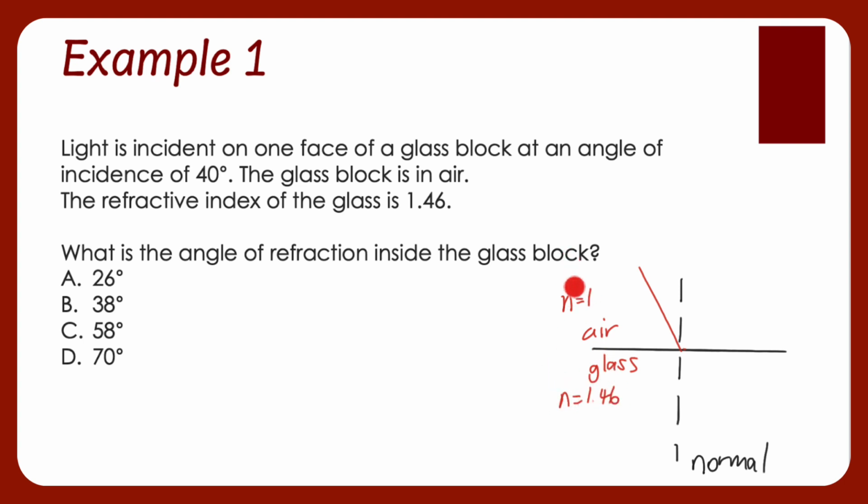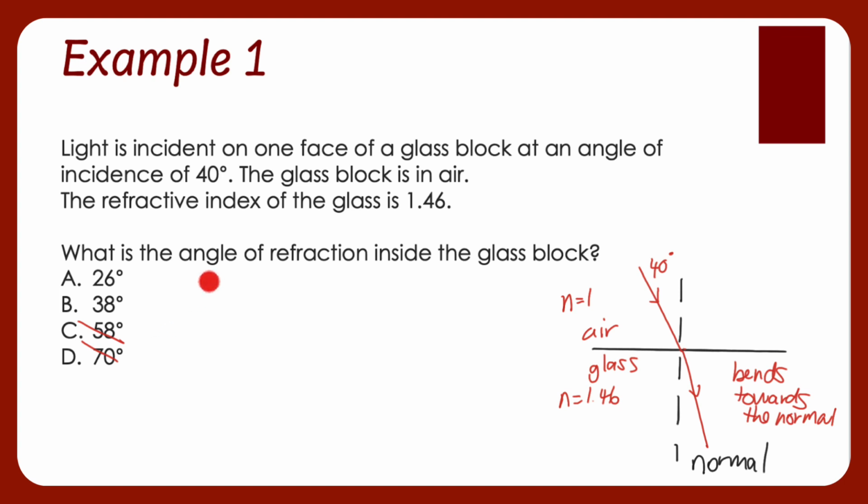And since it's going from a lower index of refraction to a higher index of refraction, I know it will bend towards the normal. This is 40 degrees. I don't know what this one is, but since it's bent towards the normal, my answer cannot be C or D. I've now given myself a 50-50 chance.